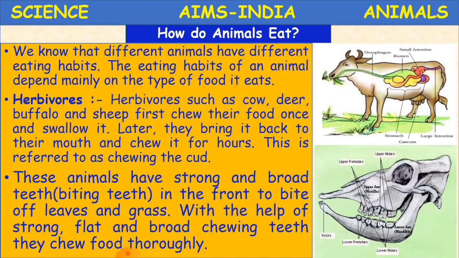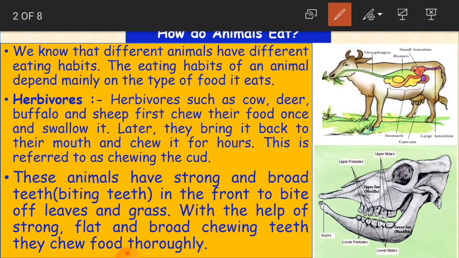The eating habits of an animal depend mainly on the type of food it eats, like omnivores, carnivores and herbivores eat different types of food.